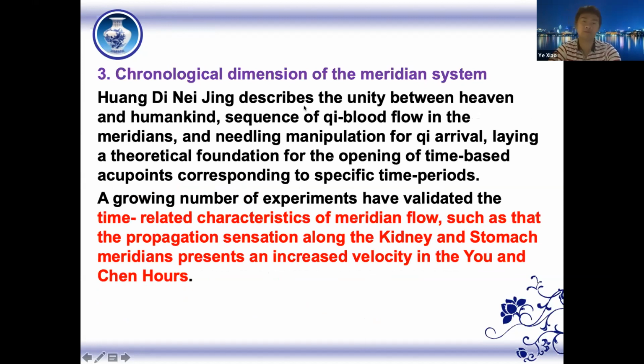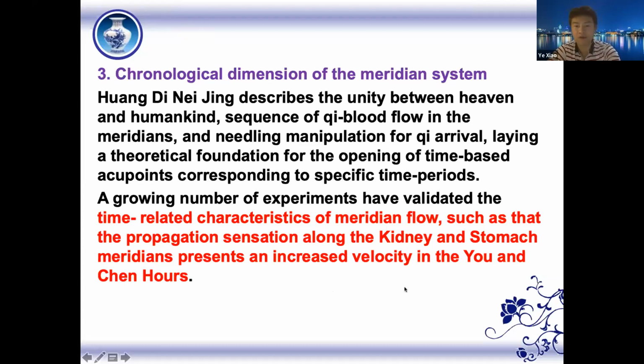黄帝内经 describes the unity between heaven and mankind, a sequence of qi blood flow in the meridians, and the needling manipulation of qi flow, laying a theoretical foundation for the opening of time-based acupoints corresponding to specific time periods.